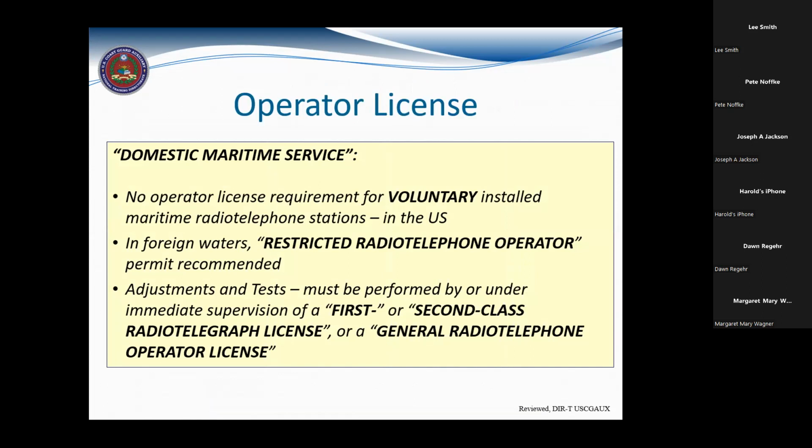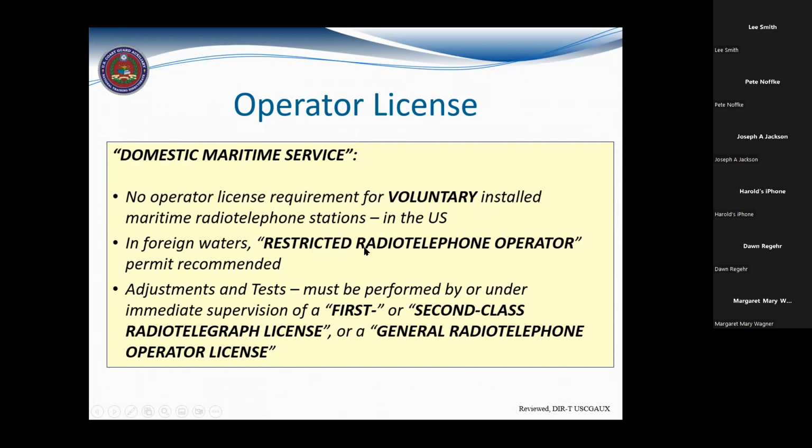The operator license, when I first joined the auxiliary, was required in the United States, and then that was also dropped if you are not operating outside of the United States. So now, if you are operating a voluntary installation and you are not in foreign waters, you don't need an operator license.